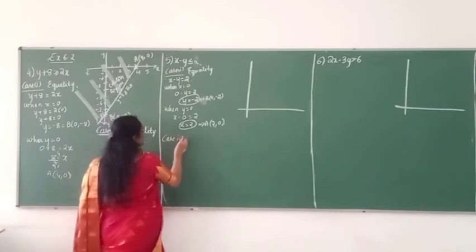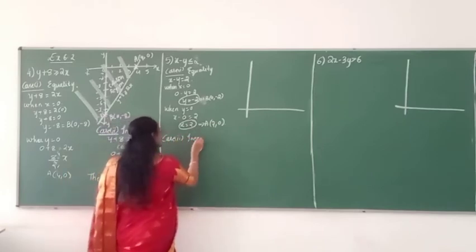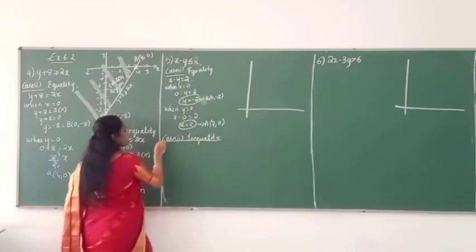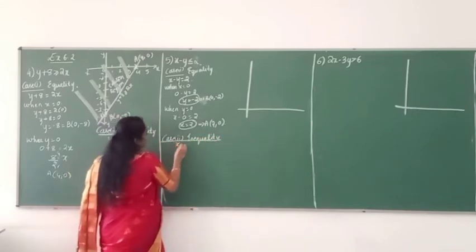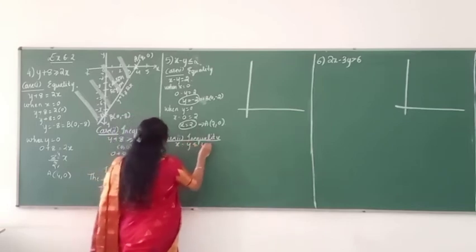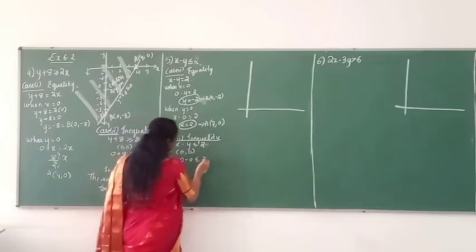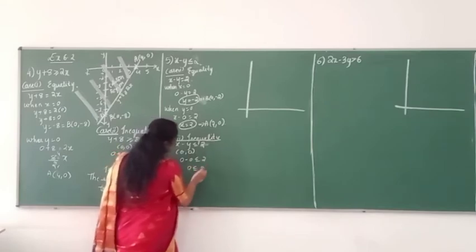Case 2. Inequality. x minus y is less than or equal to 2. Just substitute 0, 0 to check the origin, that is 0 minus 0 is less than or equal to 2, and 0 is less than or equal to 2.